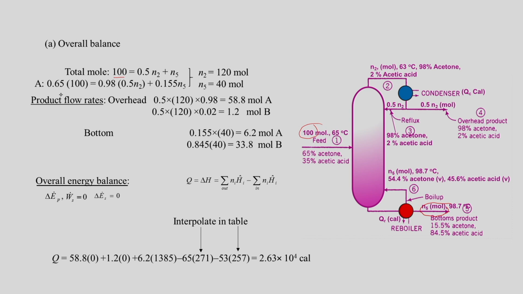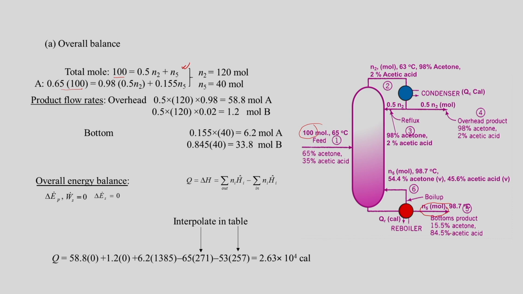So we can do this overall material balance by this equation. Then for the acetone balance, 0.65 into 100 will be equal to 0.98 into 0.5 N2 plus 0.155 N5.